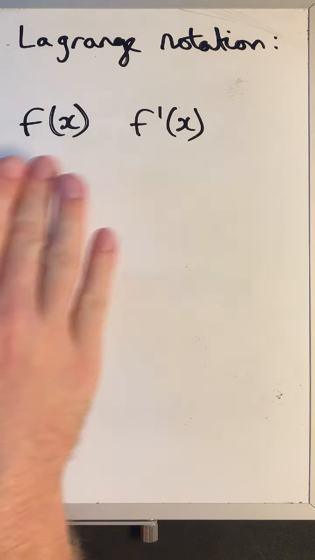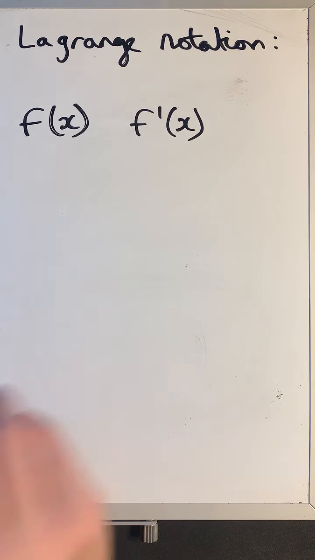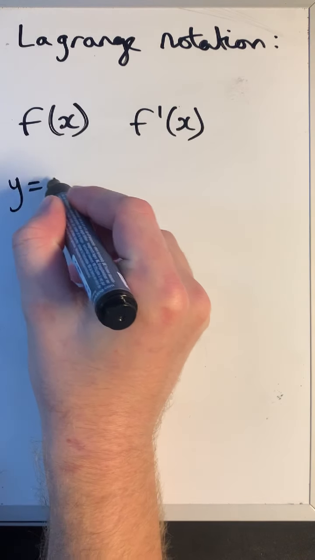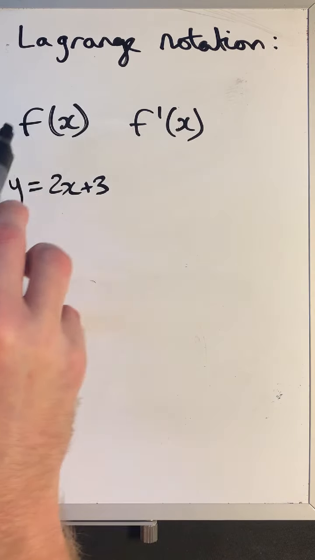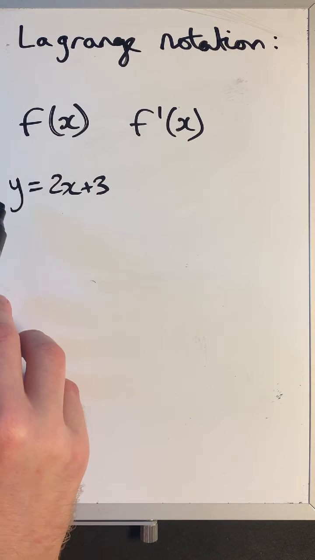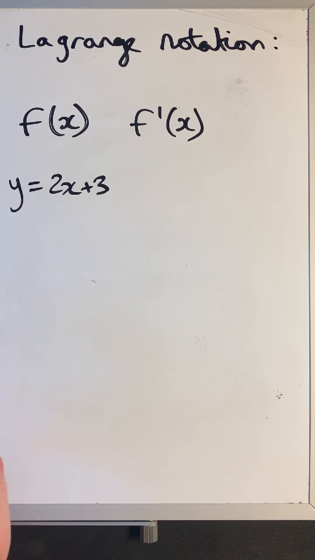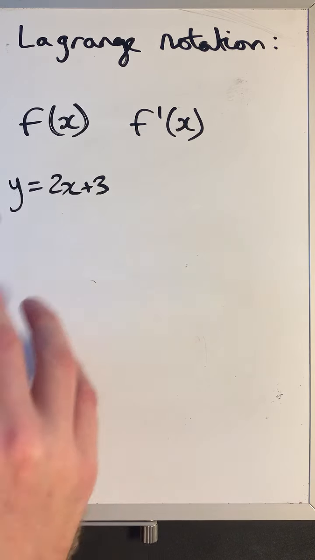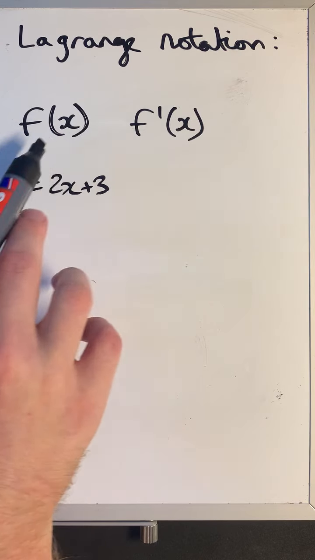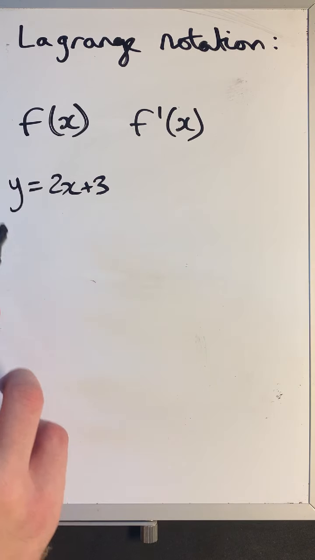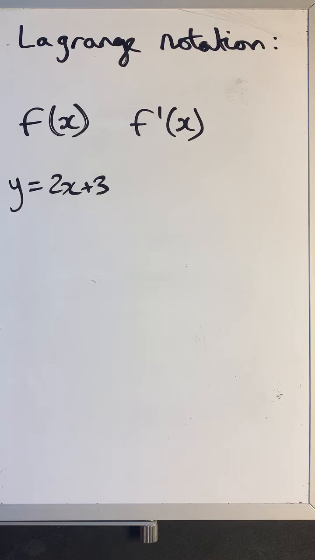Instead of writing our function down as y equals something, so say we had that one earlier, 2x plus 3, you can also write this y as f of x, so y is a function of x. It looks a bit more complicated really, and I suppose it is when you start applying it to engineering, but for maths we do sometimes write down f of x, so function of x, instead of y.